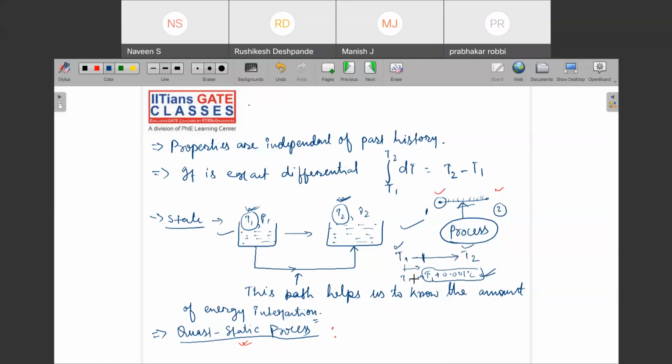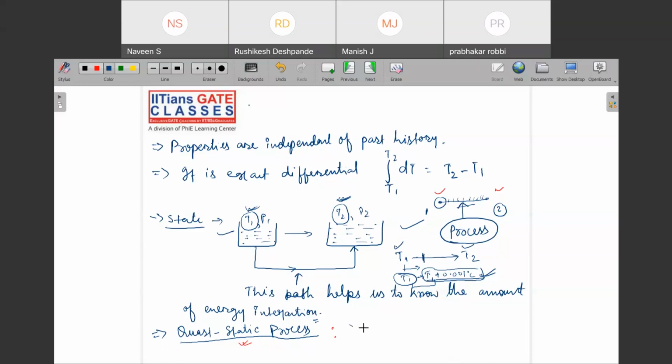Your next state is nothing but T1 plus 0.001 degree Celsius. Can you see that there is very little difference between these two? So can I say that this is in an equilibrium state only, if it has happened through a very slow process? Quasi-static means a very slow process. So if the process is quasi-static, then I can say that it has passed through n number of equilibrium states only.